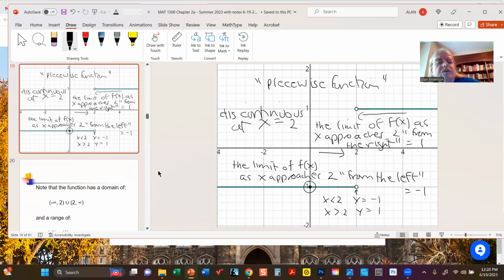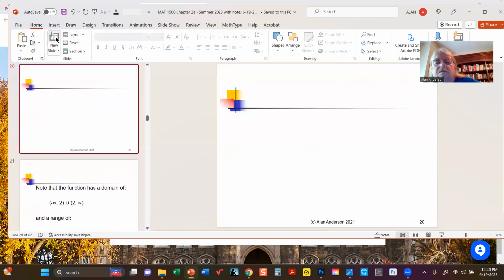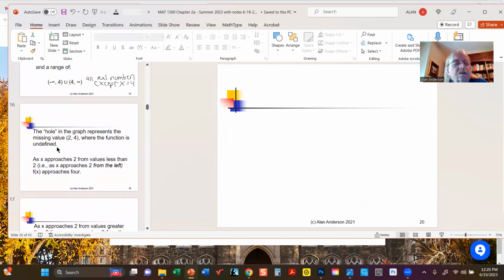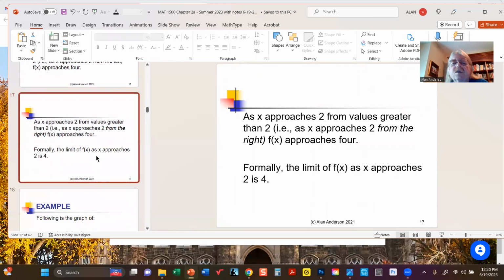Now, by the way, I just want to introduce some notation here. Up here, we saw that the limit as x approaches 2 is 4. That's the notation: the limit as x approaches 2 of our function is 4. But when we are trying to indicate that we're coming from the left or the right, what we do is this.